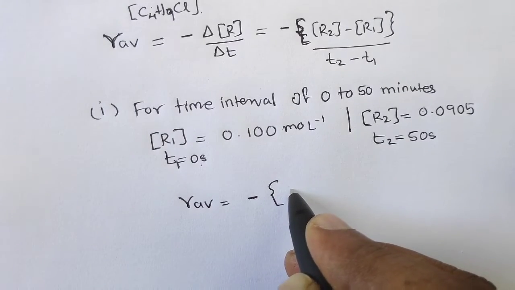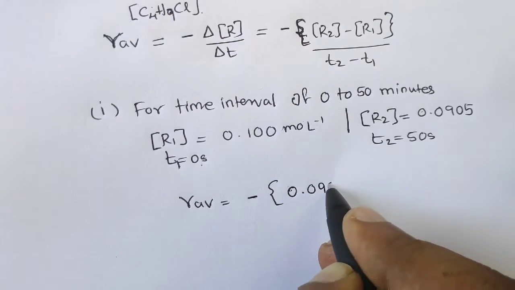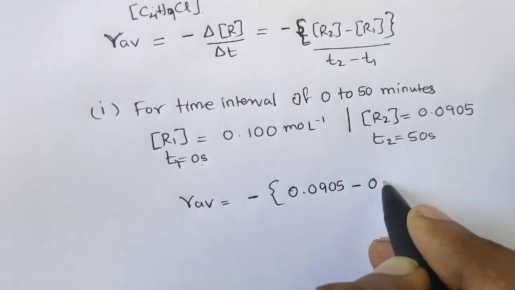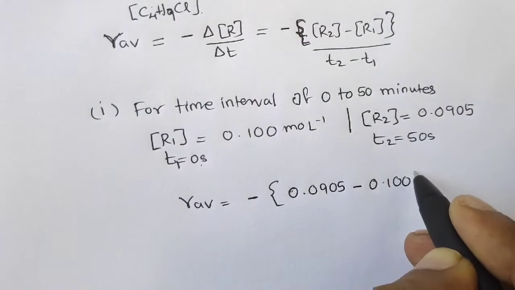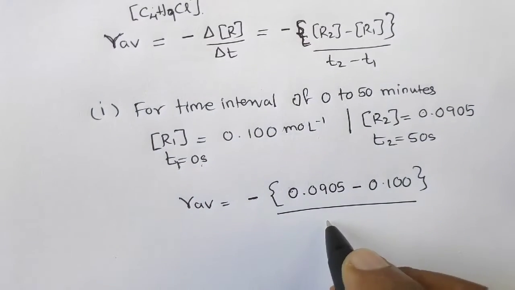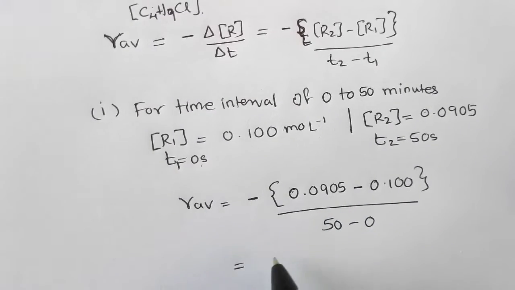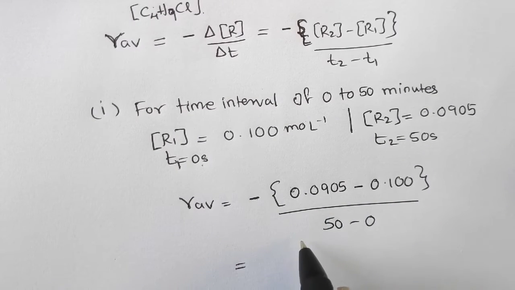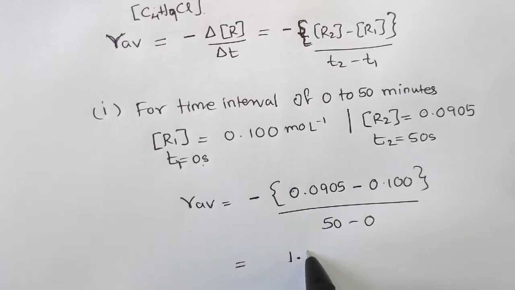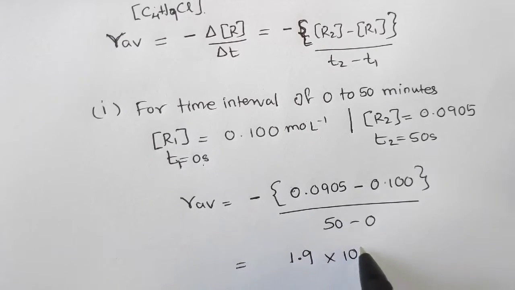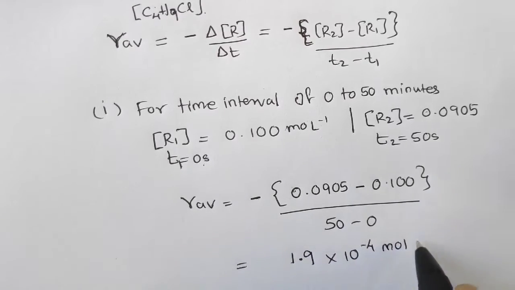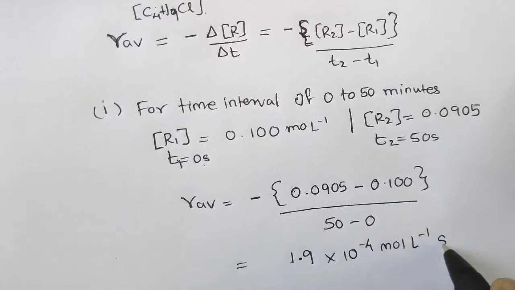So R2 is 0.0905 minus 0.100. Understood? Divide by T2 minus T1, that means 50 minus 0. If you calculate, it will be 1.9 into 10 raised to minus 4 mole per liter per second.